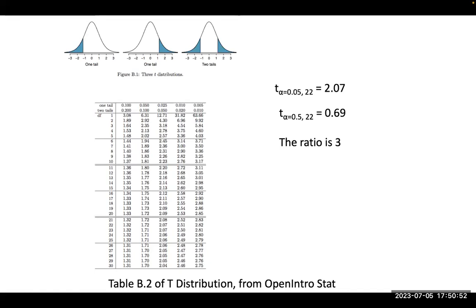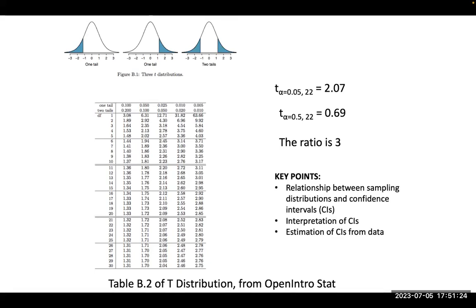If you are going for a 5% alpha, you follow the column all the way down to the row that corresponds with the degree of freedom in your sample. If the degree of freedom is 22, which corresponds with a sample size of 23, or an independent sample data of 24, you have 2.07 as your critical t. As soon as the t exceeds that, you have a significant difference.